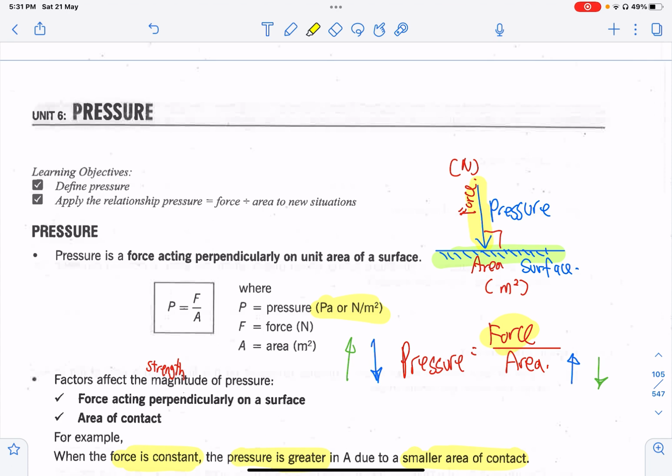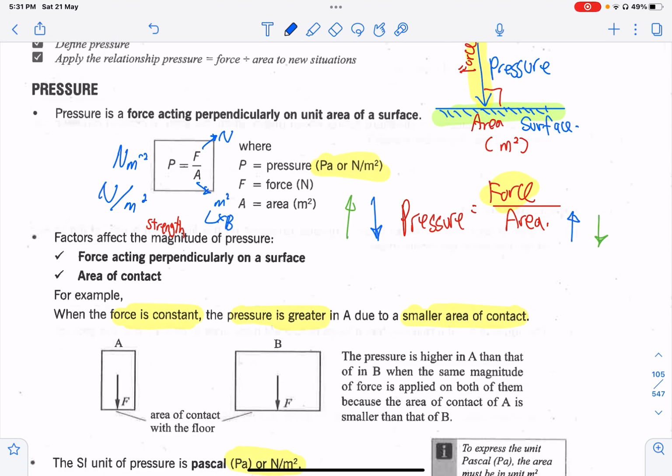For pressure, the unit is Newton per meter square, or you can write N/m². The slash represents the divide sign, and therefore the SI unit for force is Newton, and for surface area is meter square, which is usually calculated by length times breadth, or if it's another kind of surface, then the area formula.